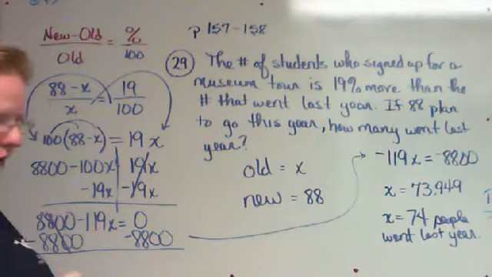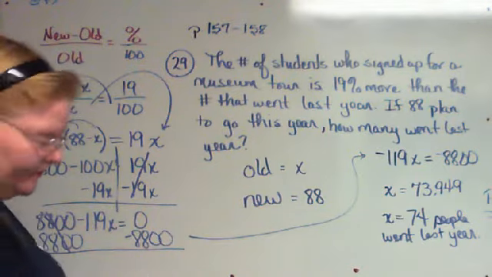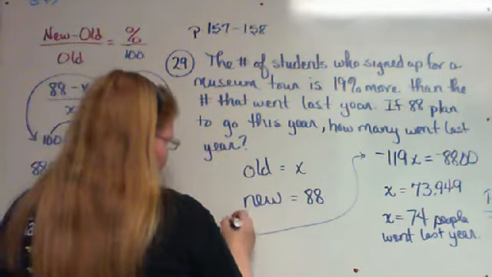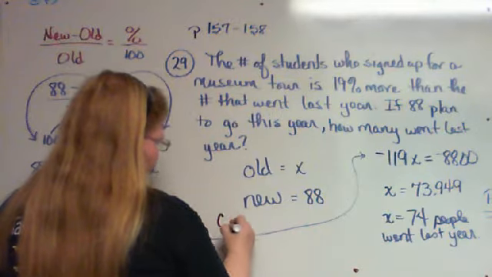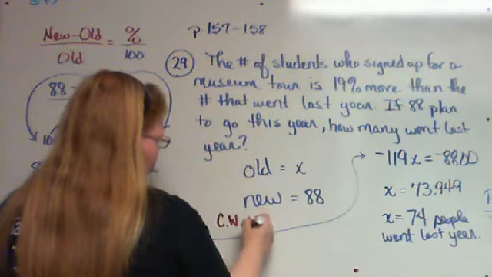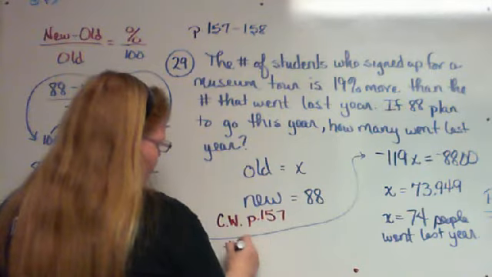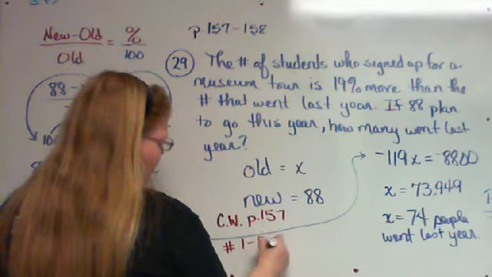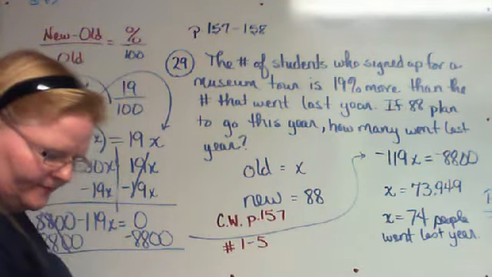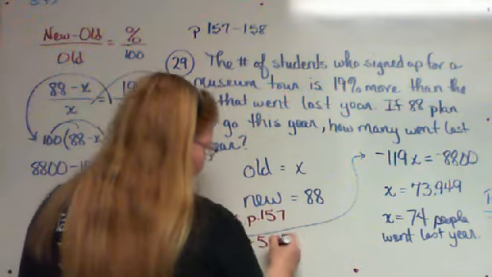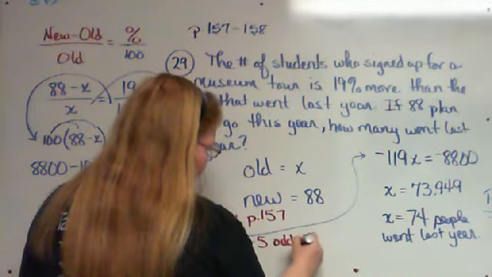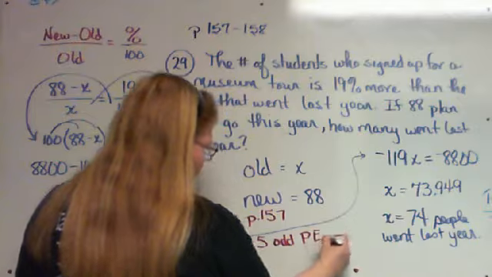And homework. And classwork. Classwork is actually on page 157. Numbers 1 through 5, odd, and the practice exercises.